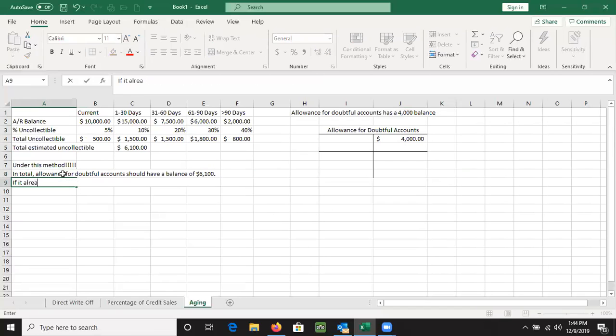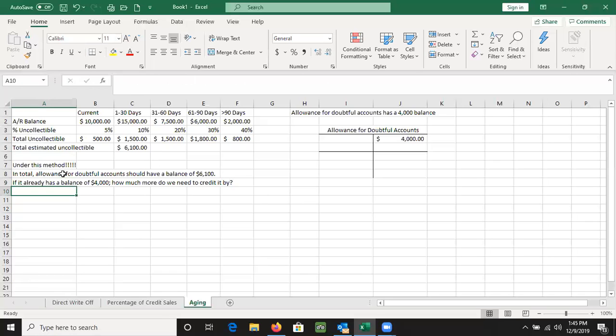If it already has a balance of $4,000, how much more do we need to credit it by?